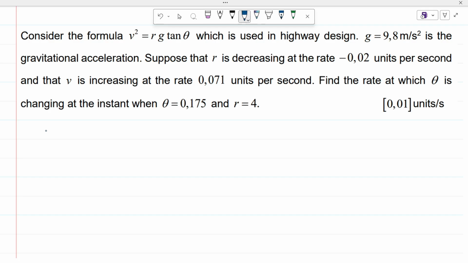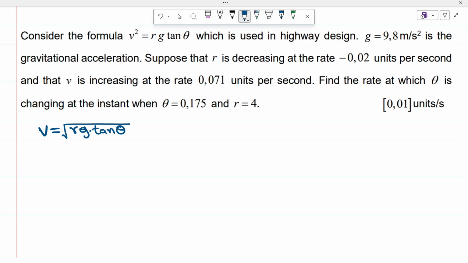So I'm going to end up getting that v is equivalent to rg tan theta, and this is inside a square root, just like that.